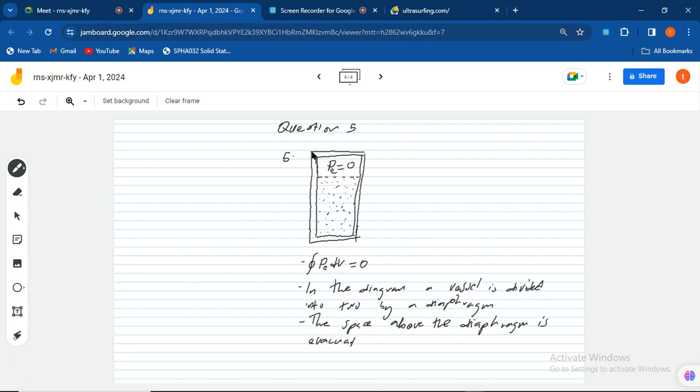It means the space above the diaphragm has no pressure. And the space below is filled with gas.